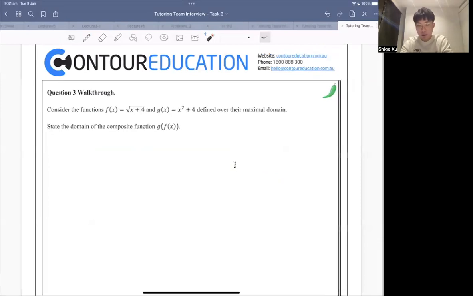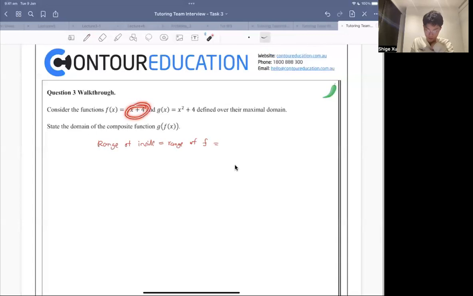What we need to do is first check if the composite function exists. So what's the range of the inside function? That would equal the range of f, which is what? Well, square root of x plus 4 is defined whenever x plus 4 is non-negative. Yeah, we have a square root sign.